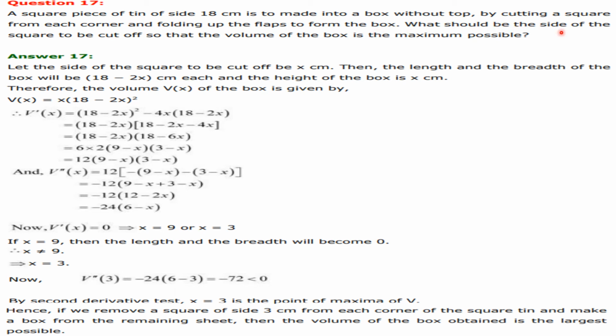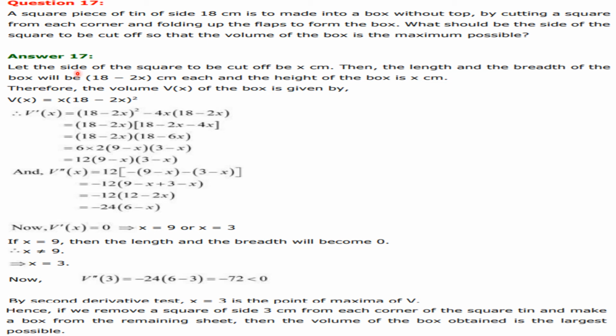What should be the side of the square to be cut off so that the volume of the box is maximum possible? Understood, my children? We have to find the volume. That volume should be maximum. Here the function is volume, the volume of the box. That volume of the box should be maximum. Understood this point, my children?